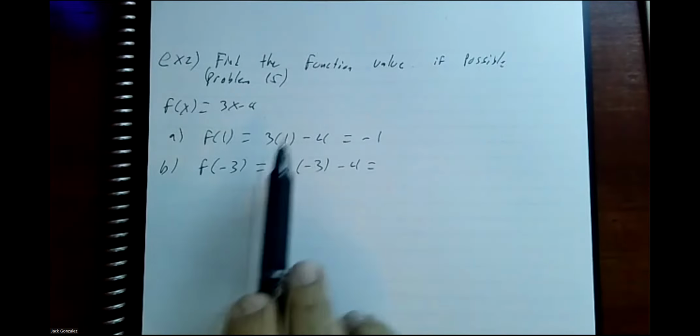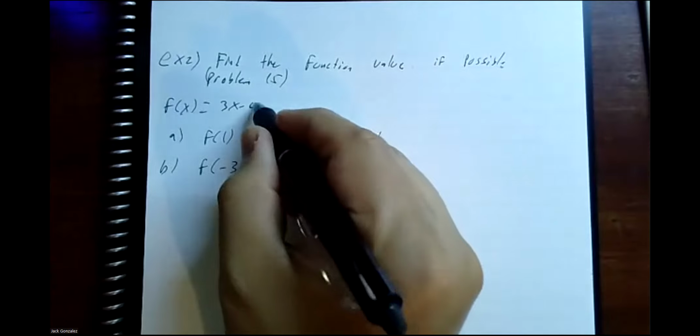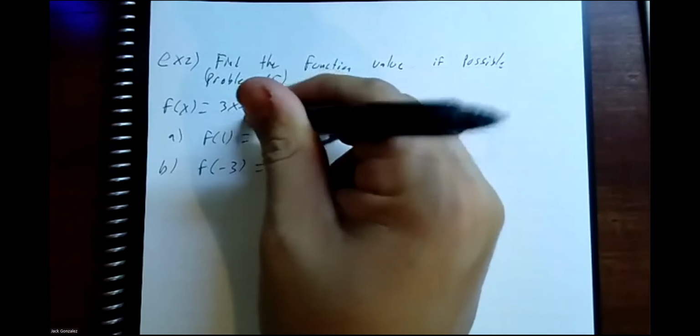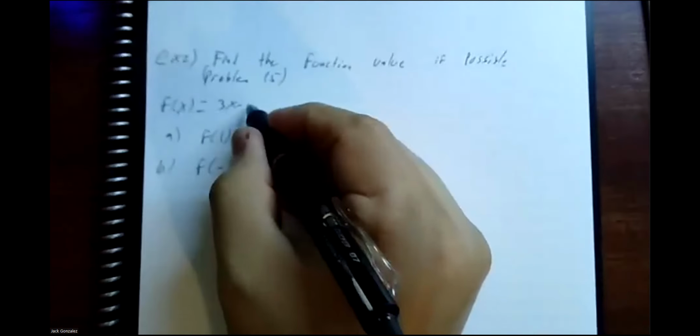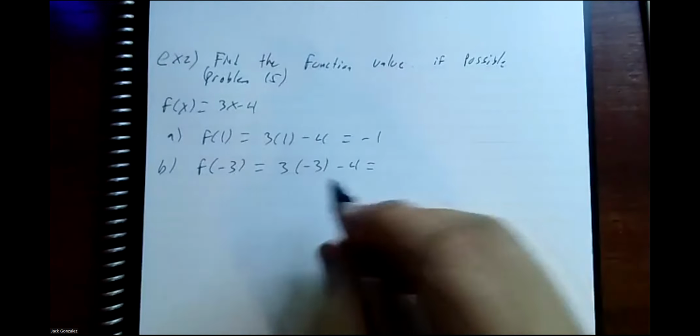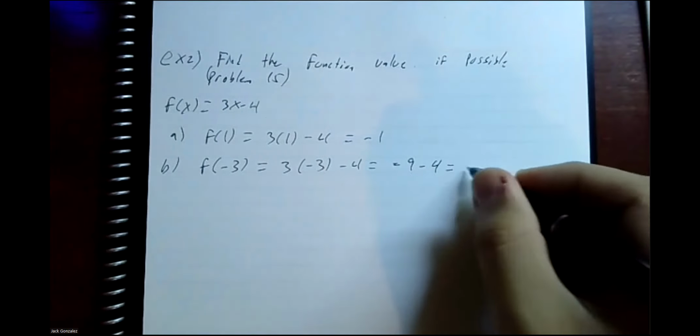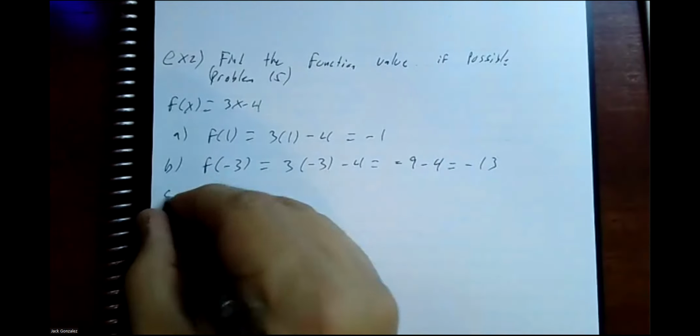Plug in -3 into that specific x. So it'd be -9 minus 4, which is -13, right?